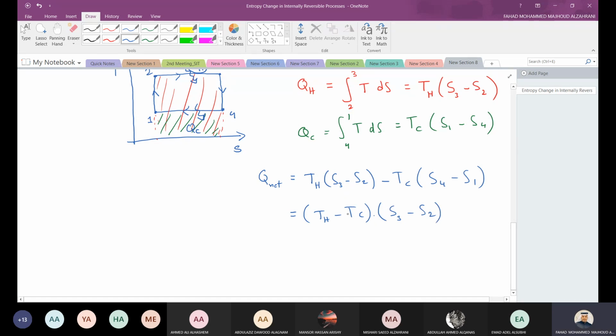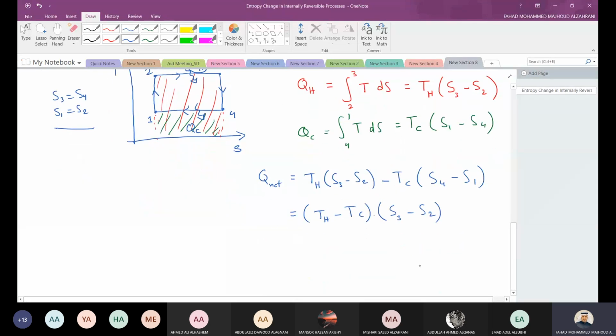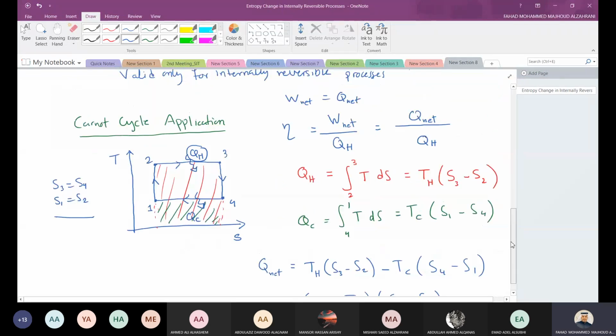Why? Because if you notice here, S3 equals S4. This is what we need to notice. So S3 equals S4 and S1 equals S2, right? From the figure. Yeah. Okay, so using this information we come up with this final form of the QNet. Now we have found the QNet.